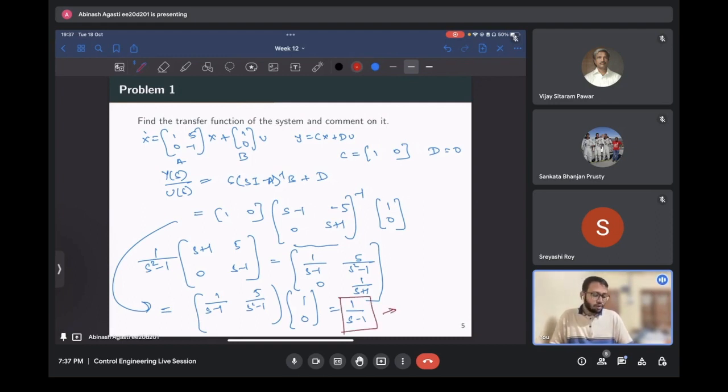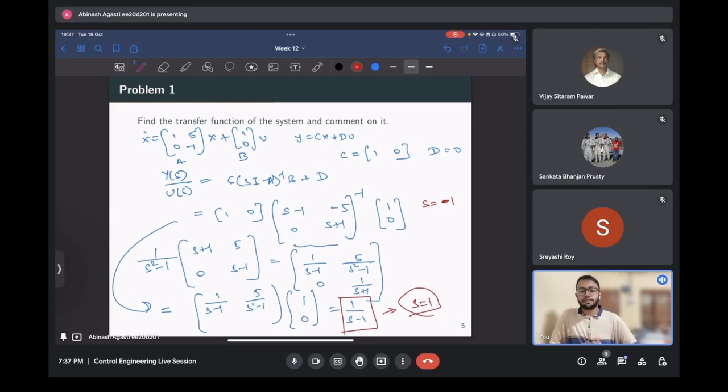Now what is the pole of this? The pole is s equal to 1. But that other pole, the s equal to minus 1, that eigenvalue did not appear in the denominator of the transfer function. Why?